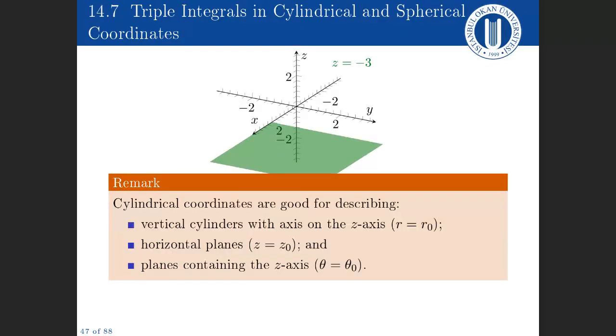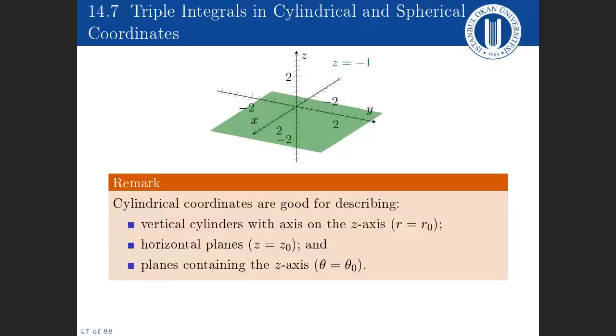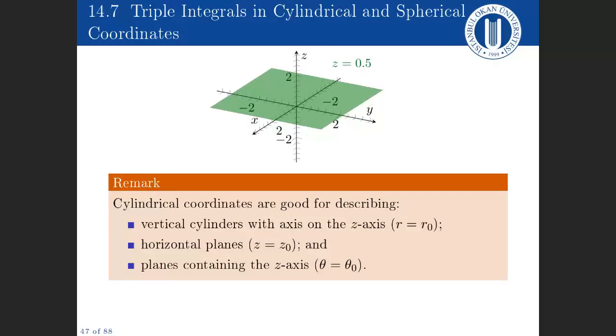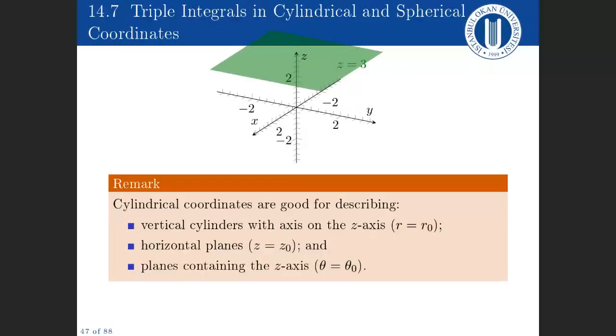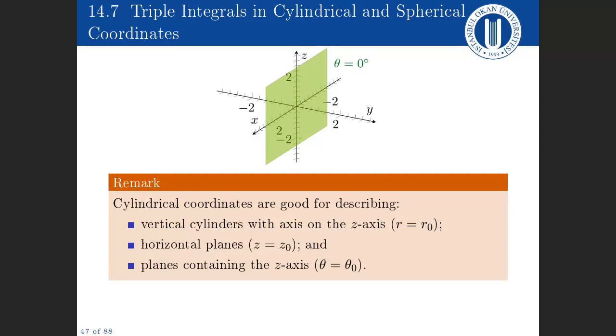Z is equal to a constant. And they're good for planes which contain the z-axis. Planes which contain the z-axis are theta is equal to a constant.